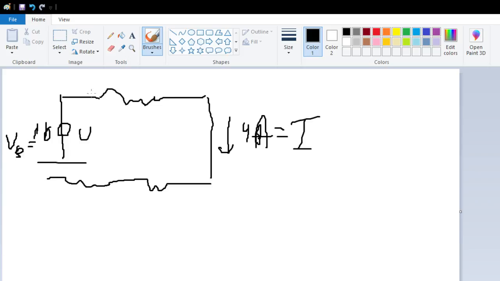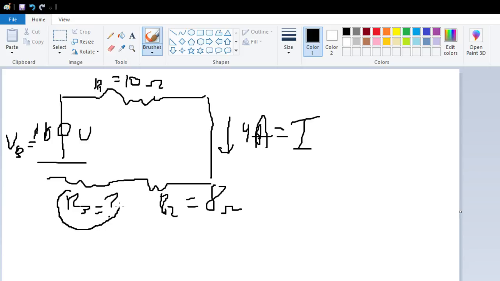You always start with the battery, and let's say we make this the first resistor, R1, and we make it 10 ohms. Then going down, this will be R2, and let's say 8 ohms, and R3, which is a question mark. And this is what we're trying to figure out.